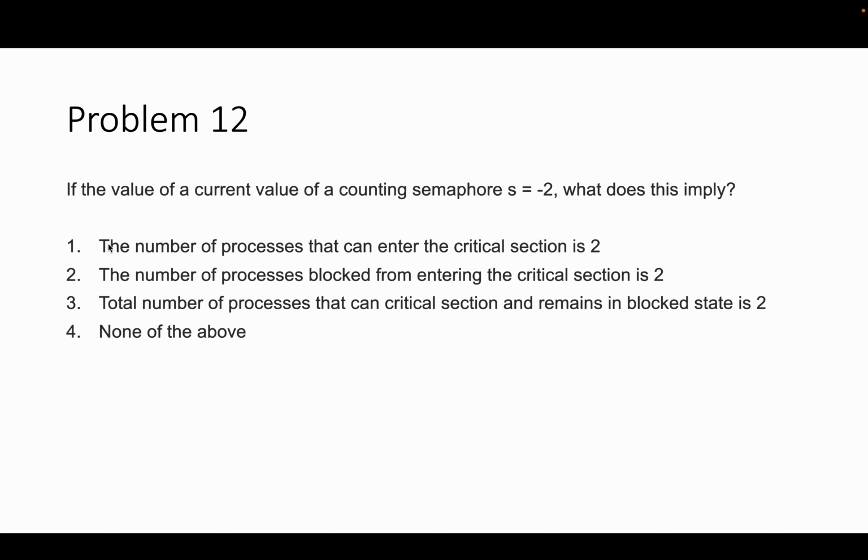So minus 2 signifies that the number of processes blocked from entering the critical section is 2. So the correct answer here is option 2. So that means two processes are blocked from entering the critical section, or two processes are waiting to enter the critical section. And that's it.